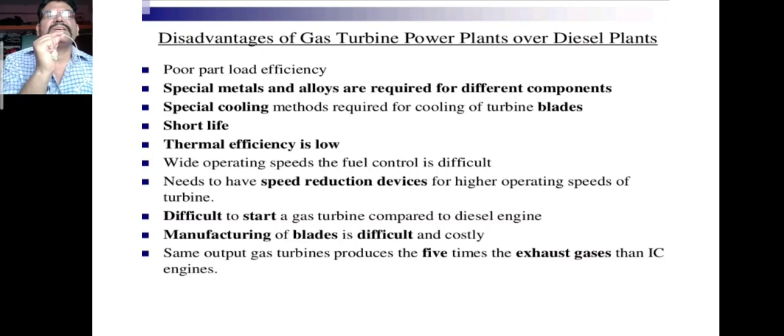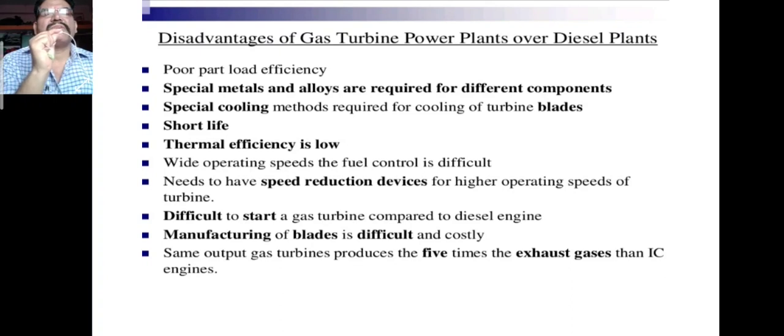These are the advantages. There are some disadvantages of the GTPP over diesel plants. Poor part load efficiency. Special metals and alloys are required for different components. Special cooling methods are required for cooling of turbine blades. Short life. Thermal efficiency is low. Wide operating speed range makes fuel control difficult.